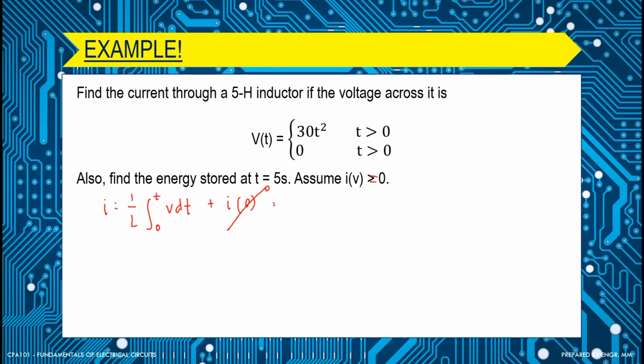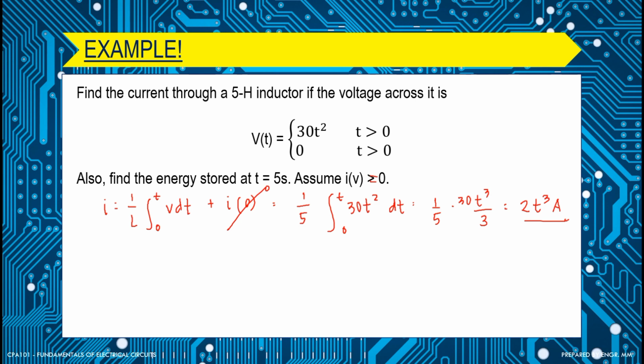Now let's substitute the given 1 over 5 Henry, then the integral of 30t² dt from 0 to t. So we have 1/5 multiplied by 30t³ over 3, or 30 divided by 15, which is 2t³ amperes. So that is the current.